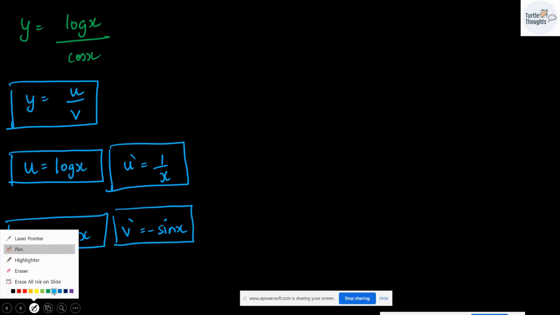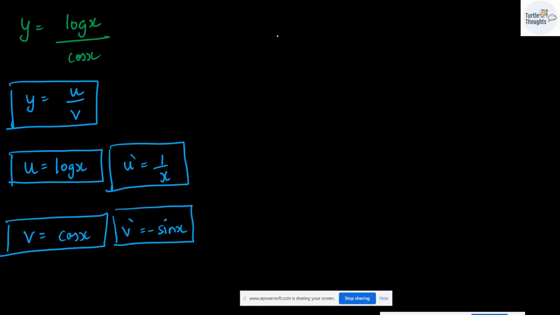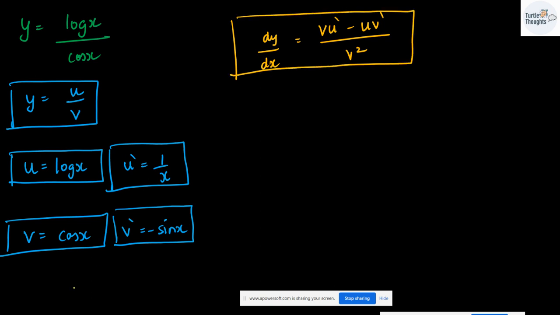I can write my quotient rule. From the quotient rule, dy by dx: if two functions are divided such as u and v, then the formula is v u dash minus u v dash divided by v squared. I have all the values.